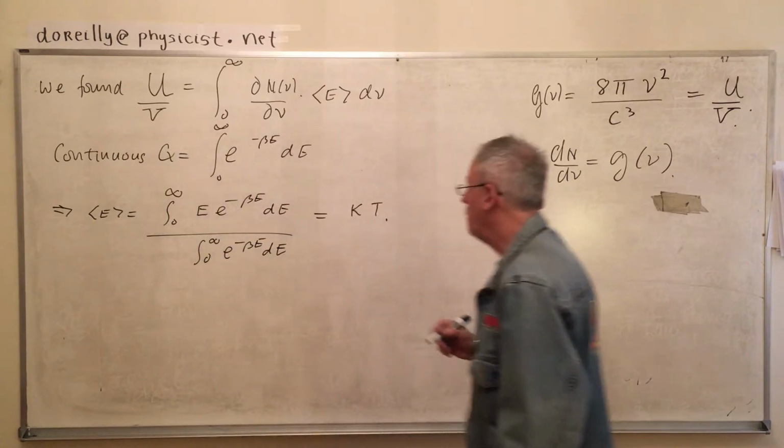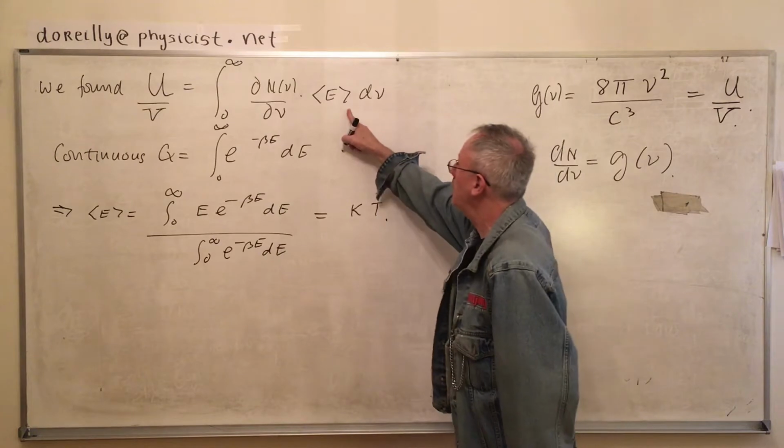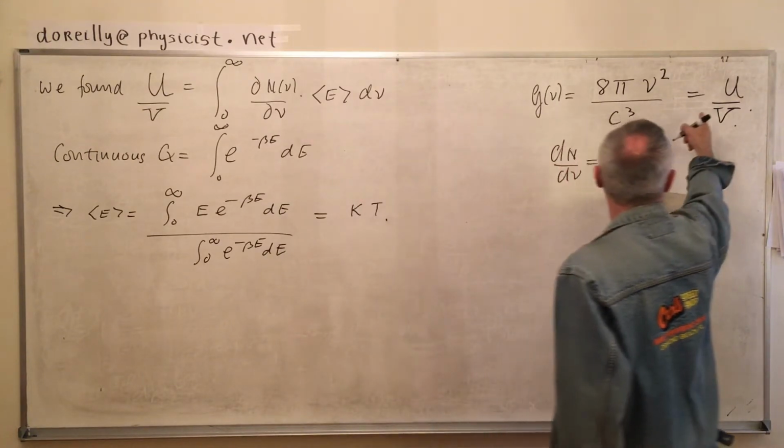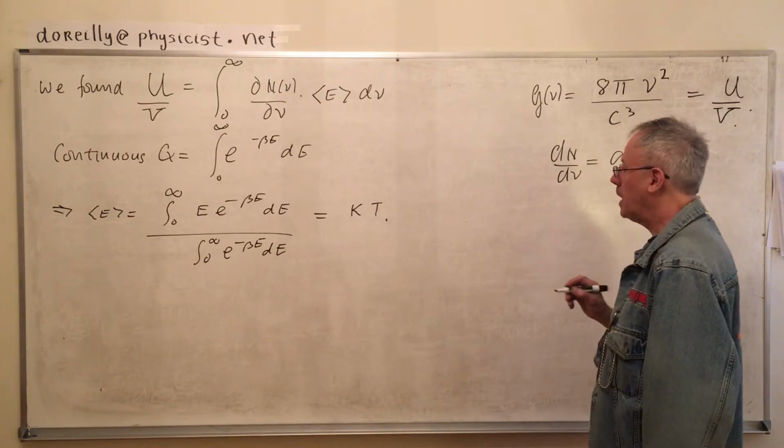And we got kT, okay? So kT was the average energy that goes in here, and the dN by d nu is still this guy here. That one there, right? And we get Rayleigh-Jeans.